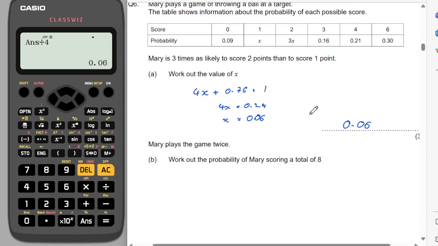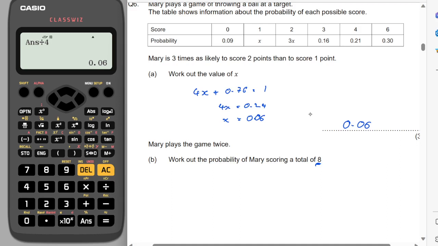Okay, Mary plays the game twice. Work out the probability of Mary scoring a total of 8. So I'm going to assume that we're adding these together. So the probability of her doing nothing can be added to 0 to make 8. Nothing can be added to 1 to make 8.